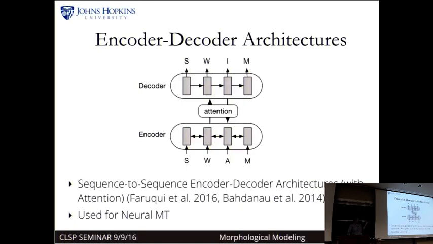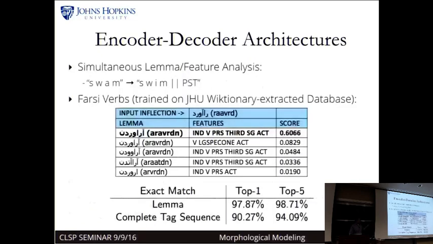Again, these architectures were designed for neural machine translation, so we can kind of hack their inputs to treat simultaneous lemmatization and feature analysis as a kind of translation problem. The idea is, let's say we convert the input word that we'd like to lemmatize and analyze into a sentence consisting of its letters.